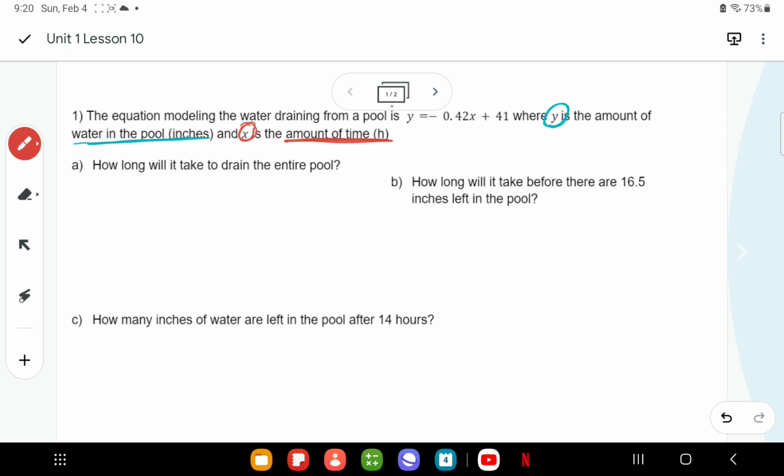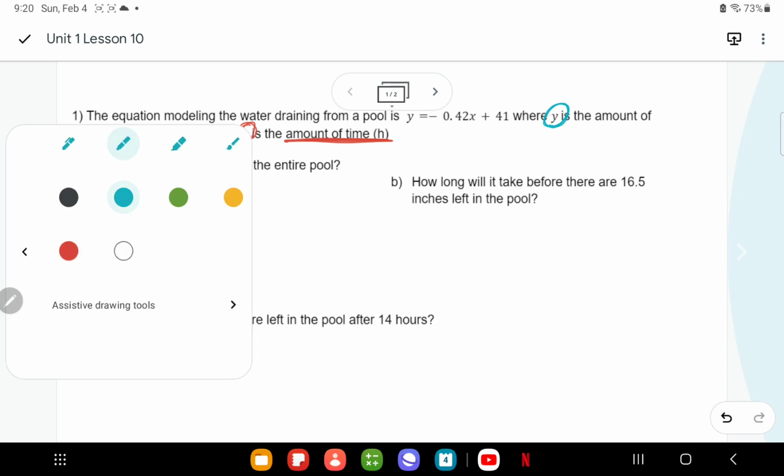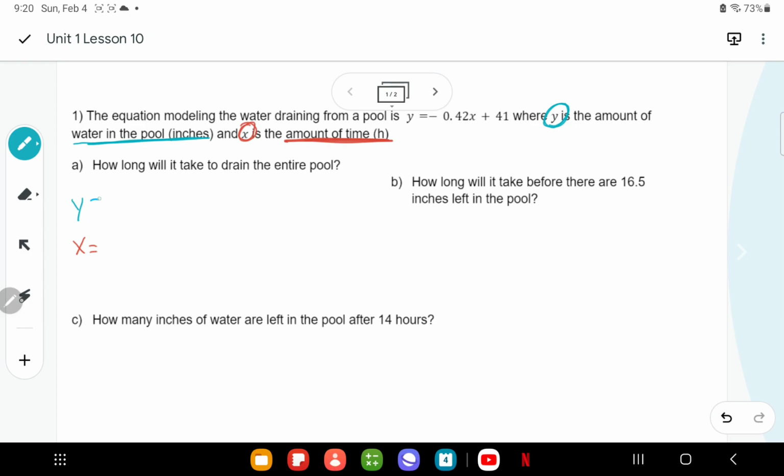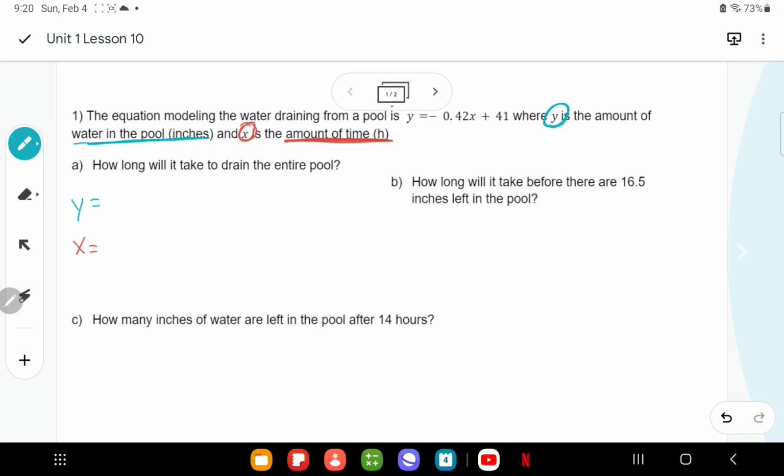Okay, so here it asks for part A, how long will it take to drain the entire pool? Here I know that x is the amount of time and y is the height of the water in the pool.